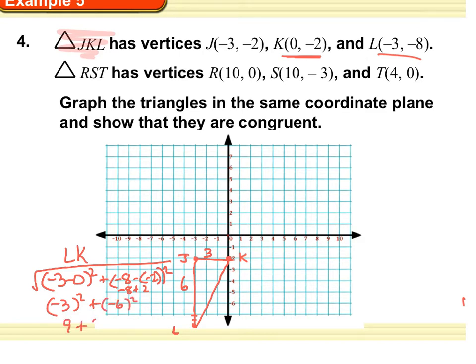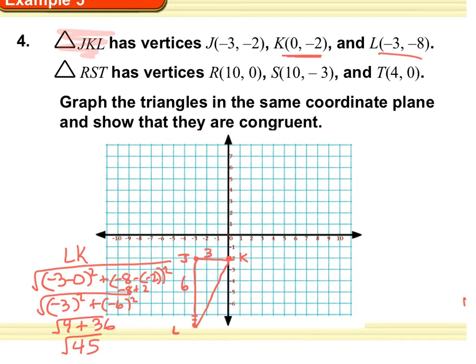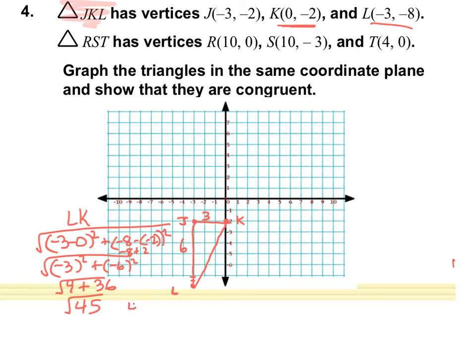So 9 plus 36, and I get the square root of 45. Now, in simplest radical form, I could break the 45 into 9 times 5. So 3 square root 5. That's going to be the length of LK.